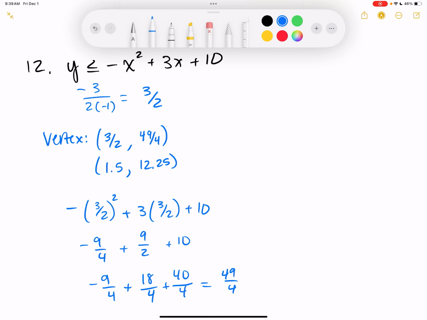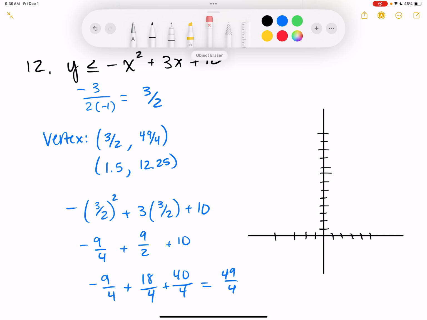So obviously this one's going to go up pretty high, so I'm going to do the reverse with my graph. I'm going to have it more on the top. So I've got a vertex at 3 halves and 49 over 4, or 1.5 and 12.25.